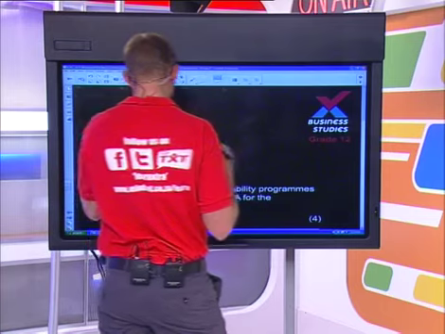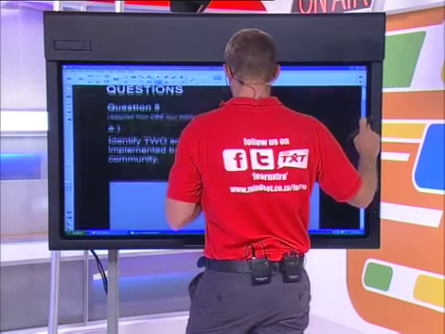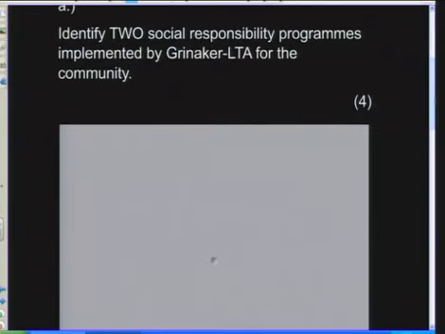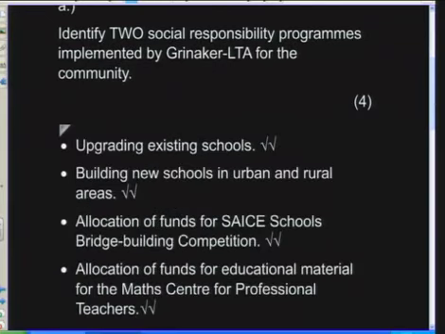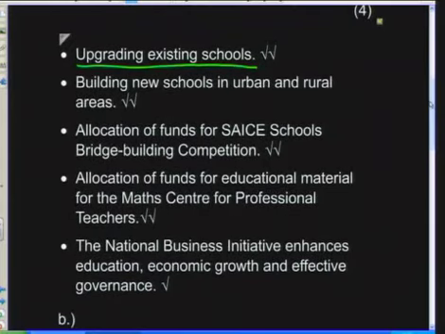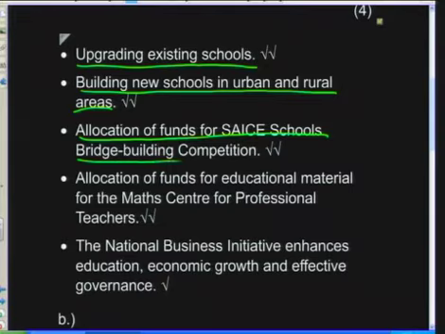Right, let's answer these questions. Identify 2 social responsibility programs implemented by Grinica LTA for the community. Right, so the first one is they're going to be upgrading existing schools. Like what they said there, that was one of their pillars, right? Building new schools in urban and rural areas, and then allocation of funds for safe schools, bridge building competition, right?